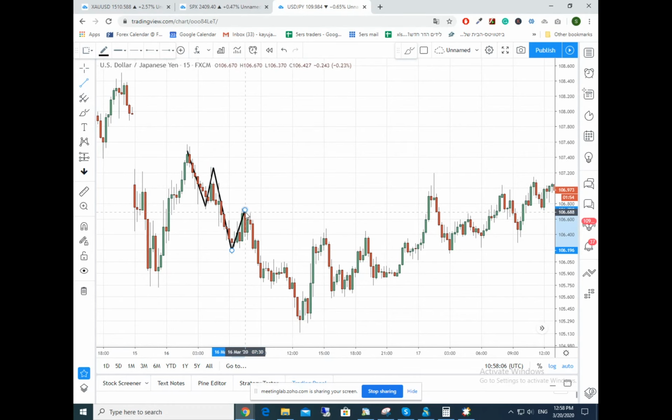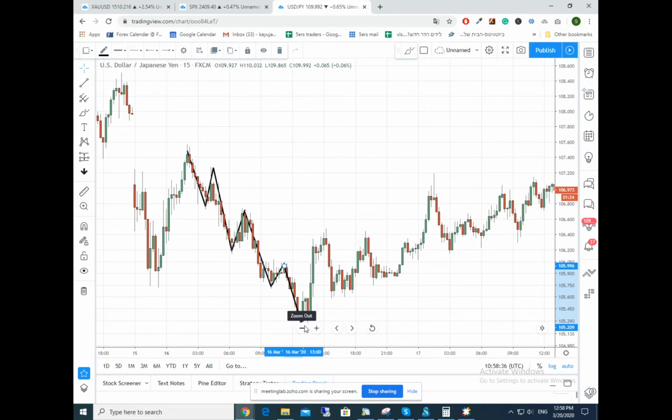The price keeps moving down, creates a lower low, and a new high which is lower than the previous one. Until here we can see that the price is in a downtrend, and you can see how the price creates the lower low here.